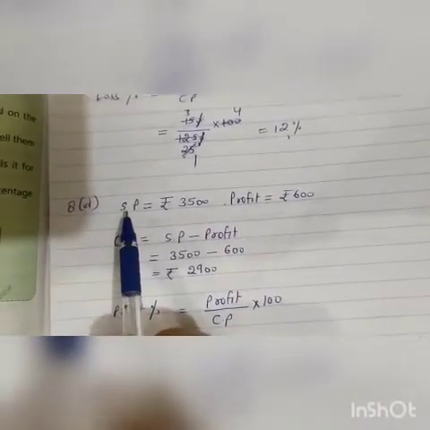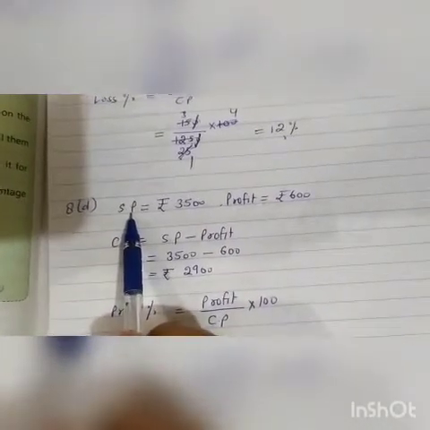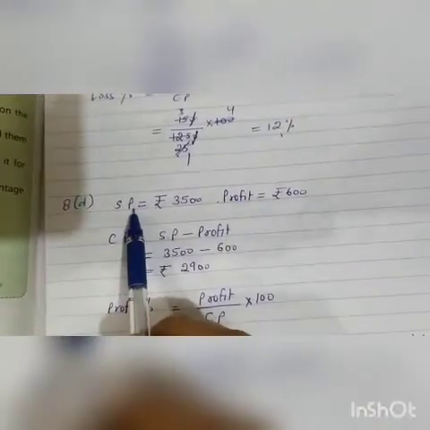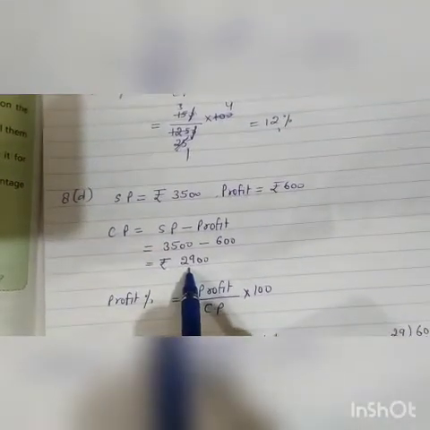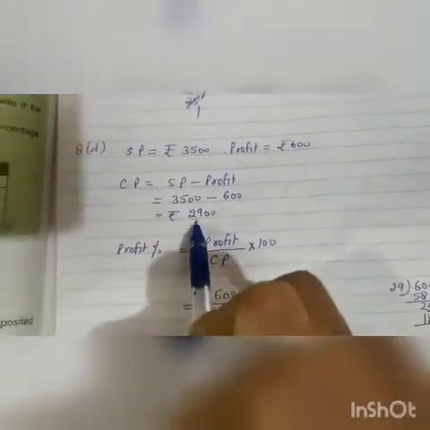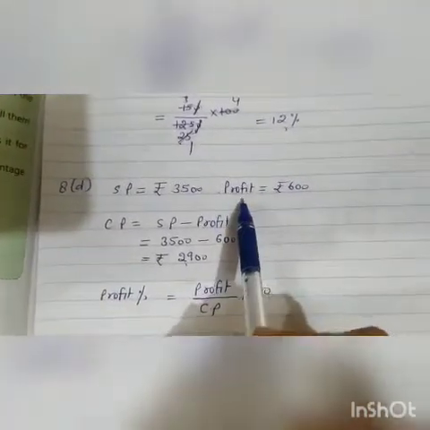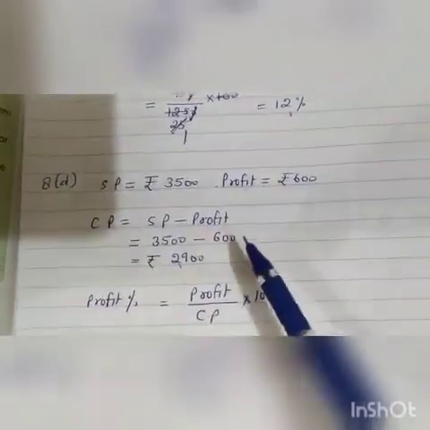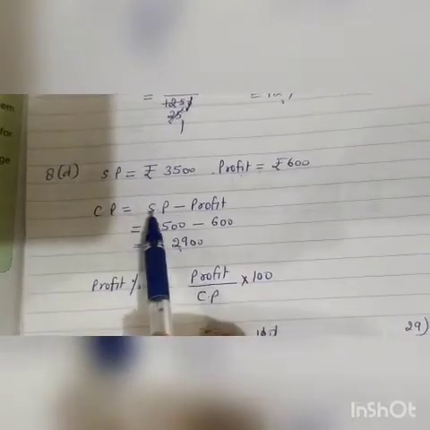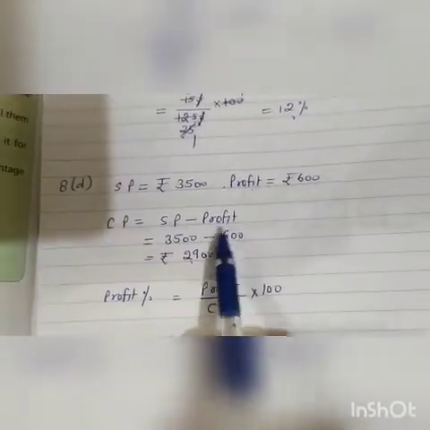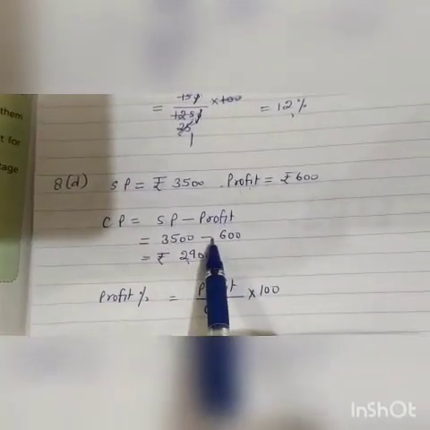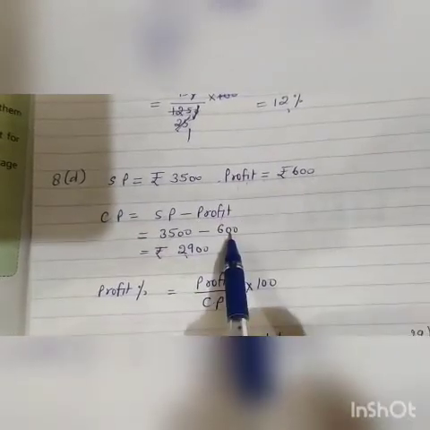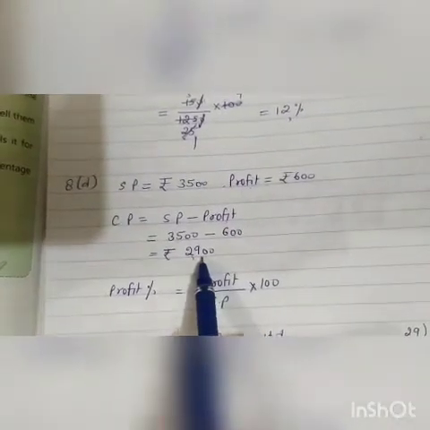Cost price is less than SP. If we subtract profit from SP, then cost price is 2900. If we subtract this profit from selling price, then cost price will be less. So cost price is equal to SP minus profit. SP is 3500 minus profit, profit is 600. We get 2900.